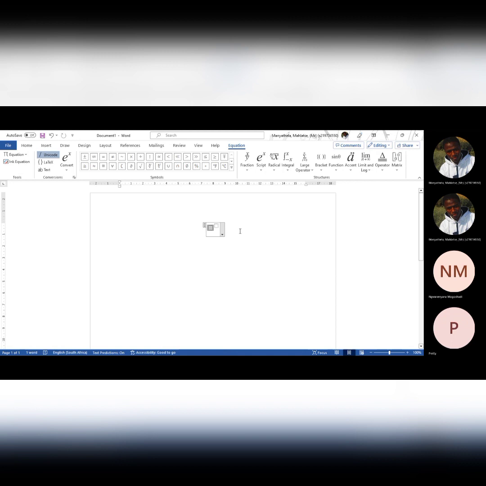Let's do this one, which is 3x subtract y, whole square, plus this thing. It is simple.